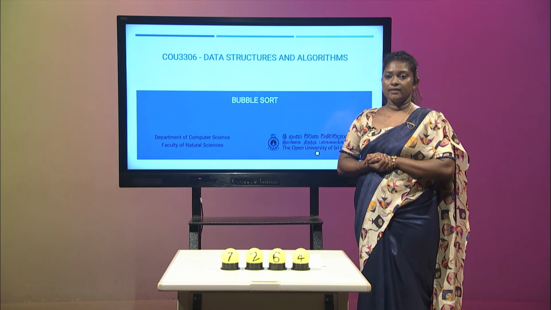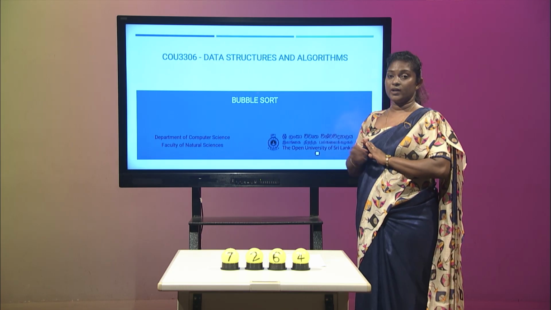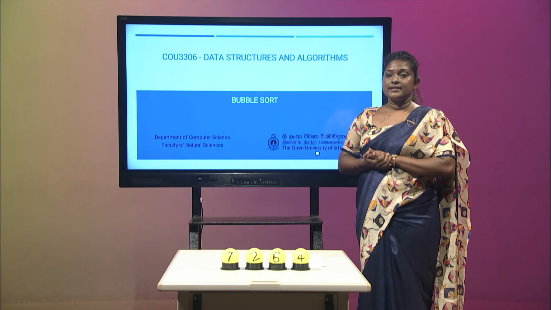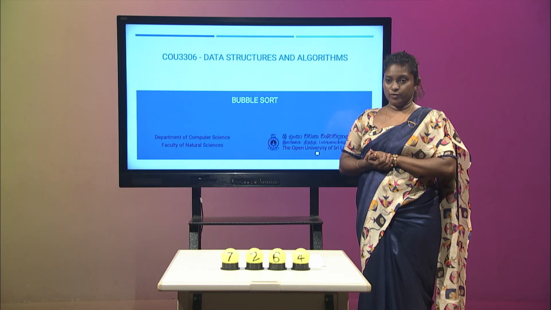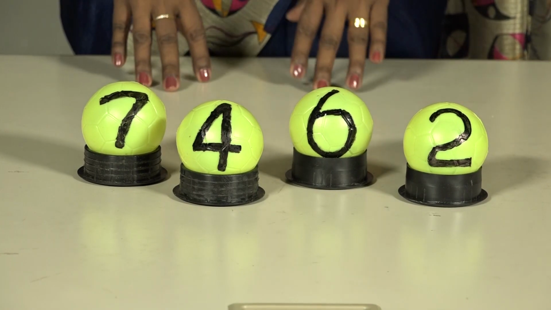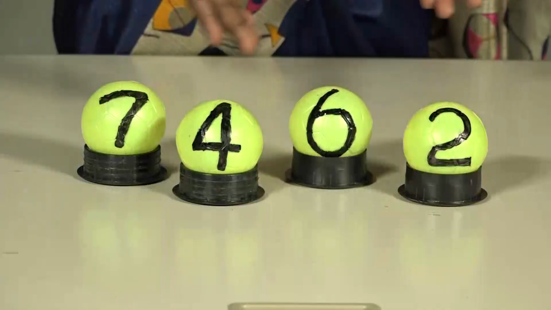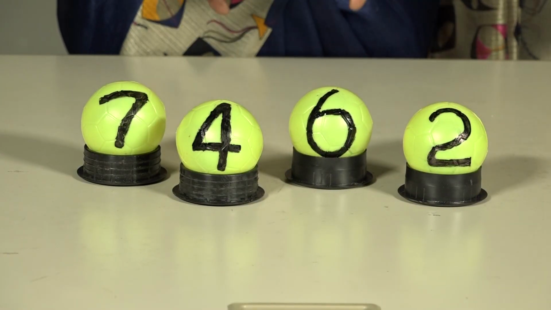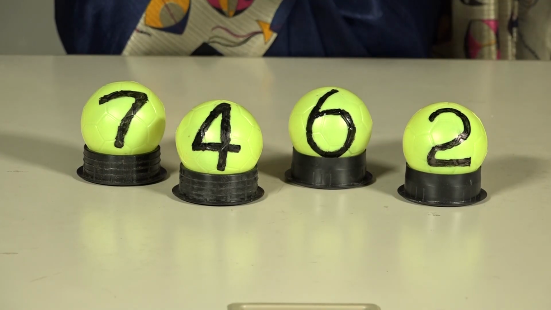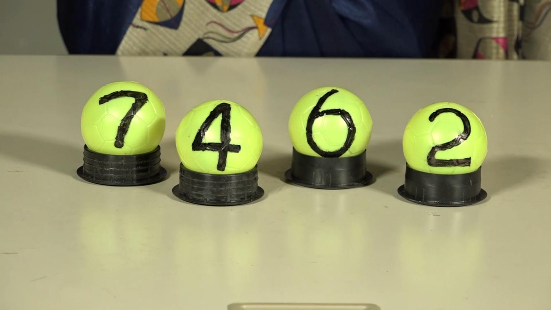Before going to see the logic behind this bubble sort, let me explain the bubble sort using a day-to-day example for you. It will help you for the visualization. Imagine that you are having 4 balls with different values. Here, the balls are not in any order, but now I am asking you to place them in ascending order.